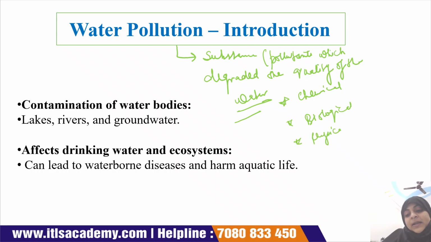These pollutants may be chemicals mixed into the water bodies, or some harmful microorganisms mixed into the water bodies, or some physical things like contaminated threads, and all these things are mixed into the water bodies and contaminate them.